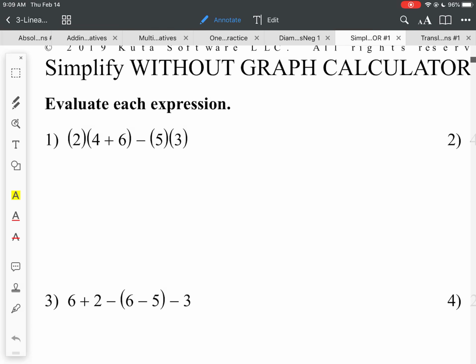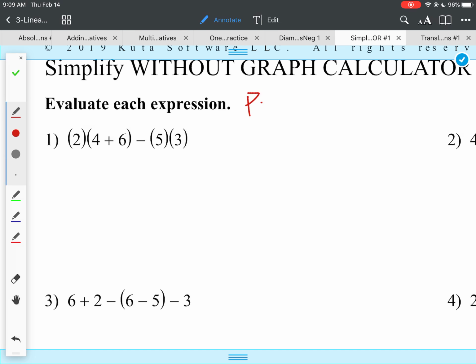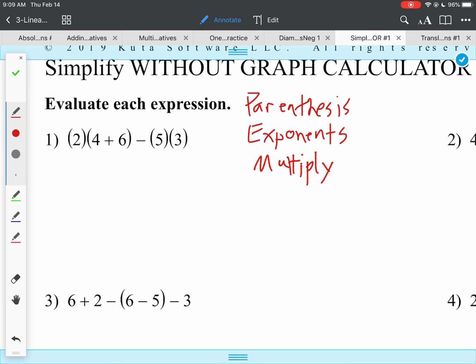Remember you have the order of operations, which is parentheses, exponents, multiply and divide, they're on the same level, and then add, subtract, those are on the same level. So always take care of parentheses first, then any exponents, then multiply, divide, and then add, subtract.